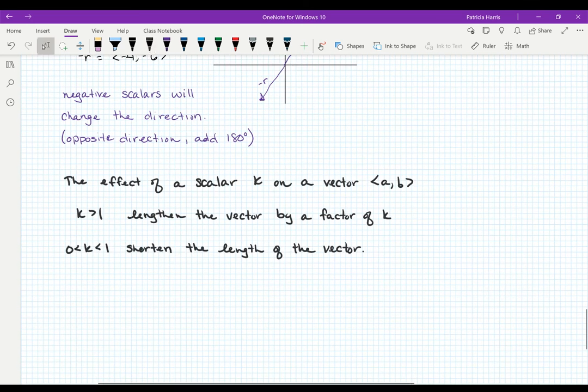And if k is negative, it will change the direction.